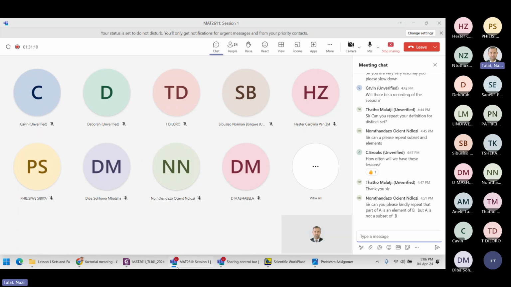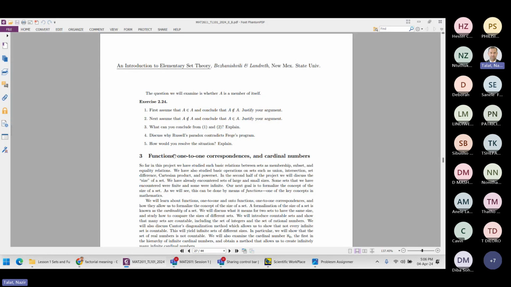Okay, we are now stopping this session. If you have any question, there is also the forum on MAT2611 where you can ask your question or make a discussion. In the next week, we will have another session which deals with questions, problems, and examples related to the theory of functions, because if we have two sets, then we can define a function or some correspondence.